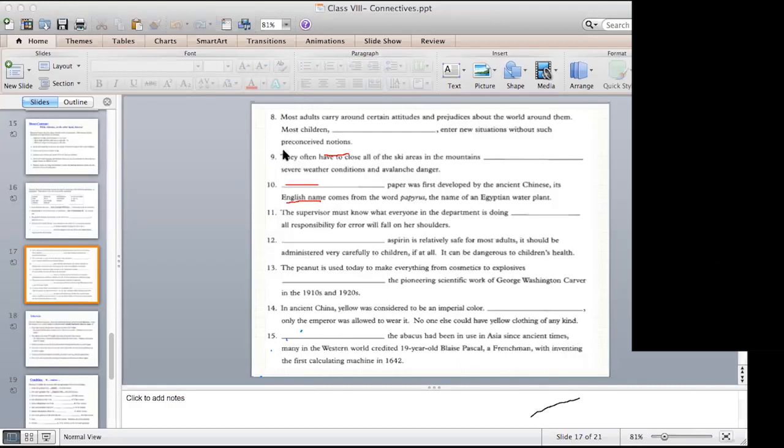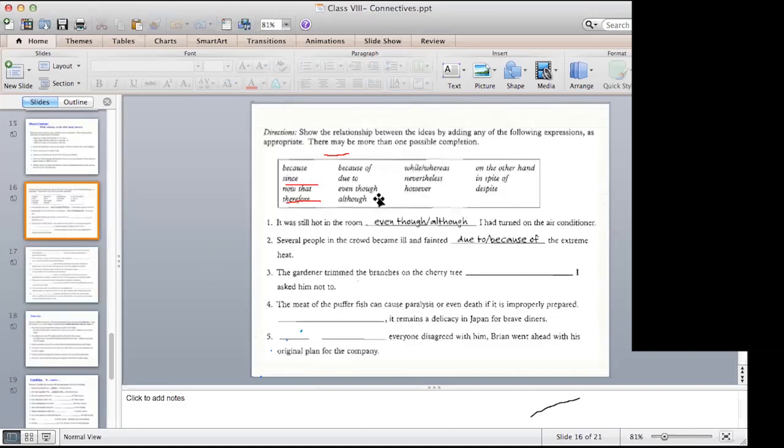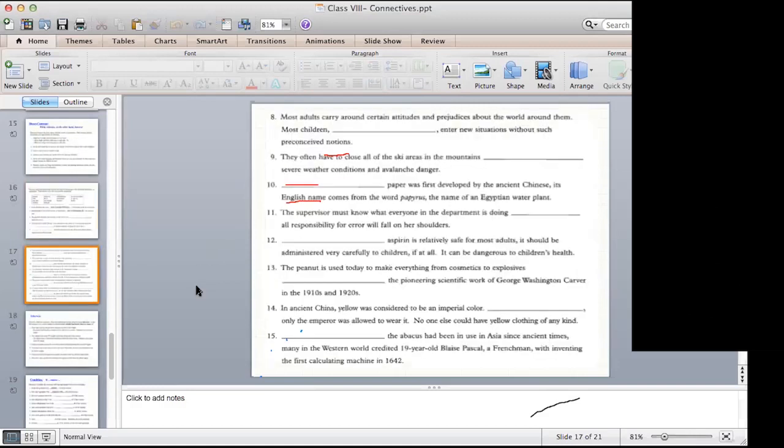So what is the relationship between the first sentence and the second sentence? Before you put any linking word or connective, you have to understand the relationship between the two. We have: in ancient China, yellow was considered to be an imperial color. So the yellow color is imperial. Only the emperor. So we don't have contrast here. We have some explanation. It gives us an effect of the fact that yellow was considered to be an imperial color. So what happened?